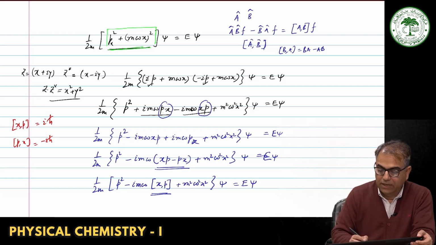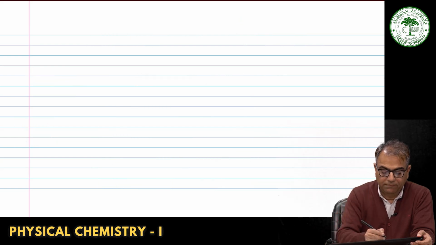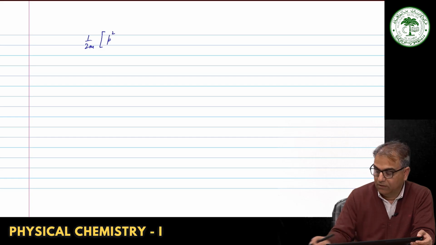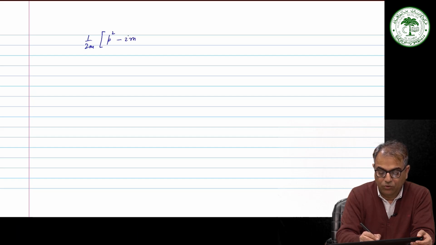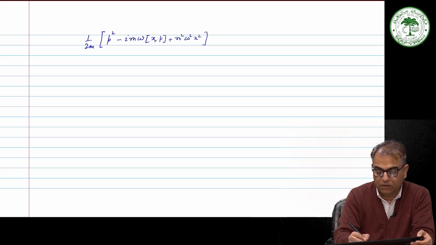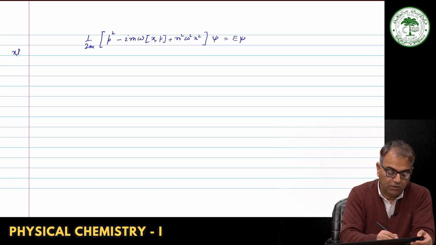It is 1 by 2m p square minus I m omega, minus I m omega, commutator of x p, then plus m square omega square x square psi is equal to E psi, and the xp commutator is I h cross.